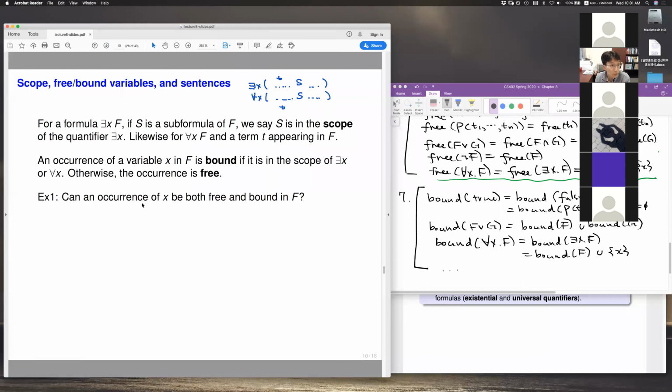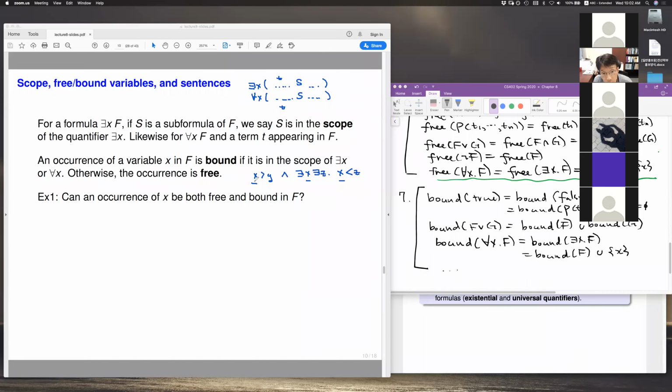And now we talk about an occurrence of a variable. Occurrence means a particular instance of a variable appearing in my formula. For instance, if I have a formula, say X greater than Y, and exists Z, X smaller than Z. If I have something like this, then some character appears twice or 3 times in this formula.